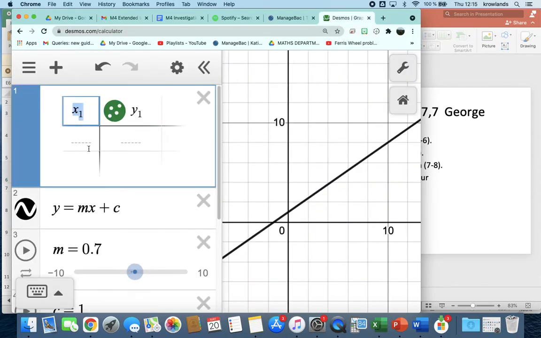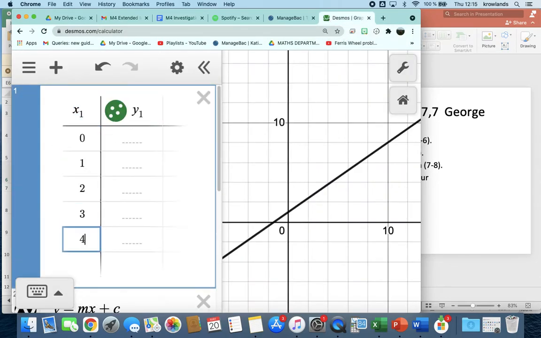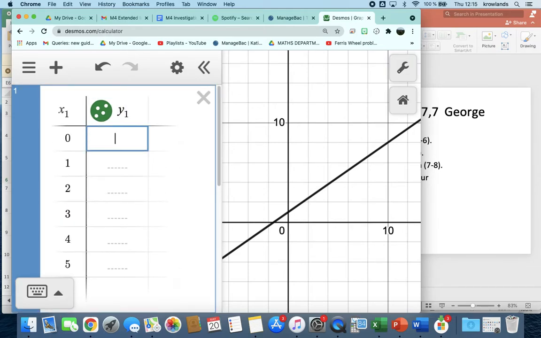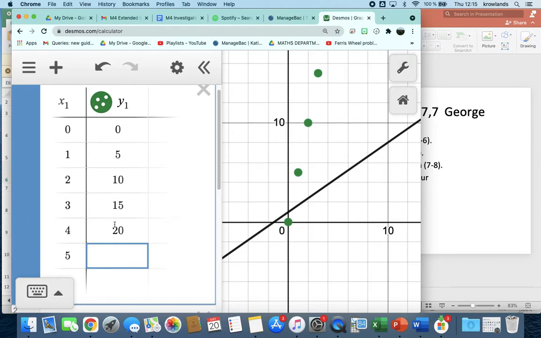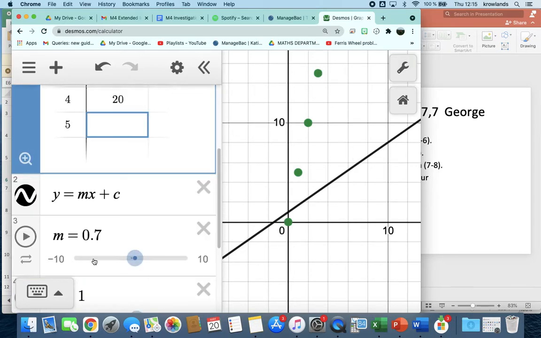What I mean by that is, let's take a sample table where we've got a range of x values, and let's say our range of y values are as follows. You can see here there's an exact pattern.